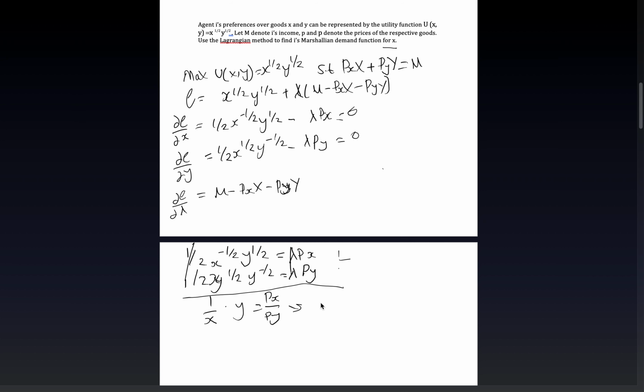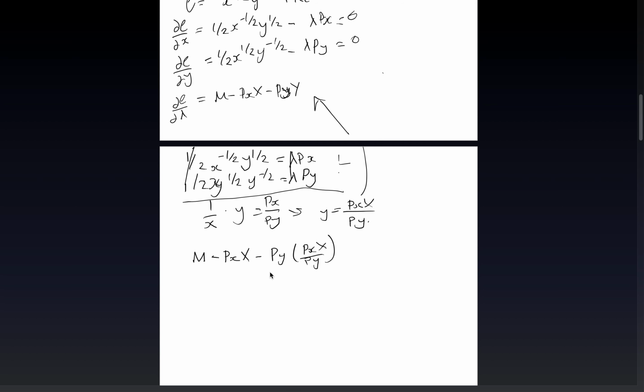So what we get from that is, same as x over y, we get y equals p of x over p of y. Good. So now what we can do is just sub this into there to get m minus p of x, x minus p of y, and this is p of x, x over p of y.